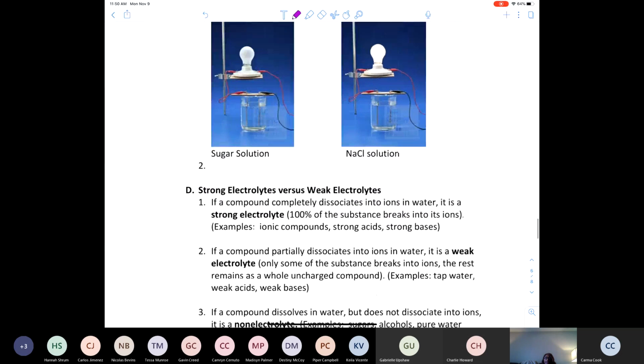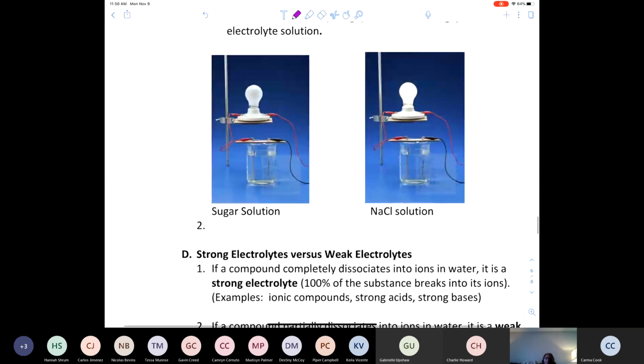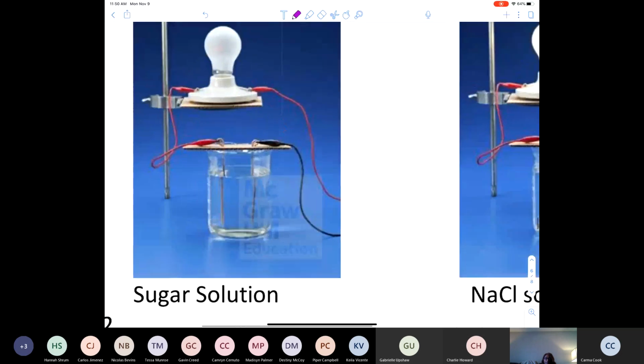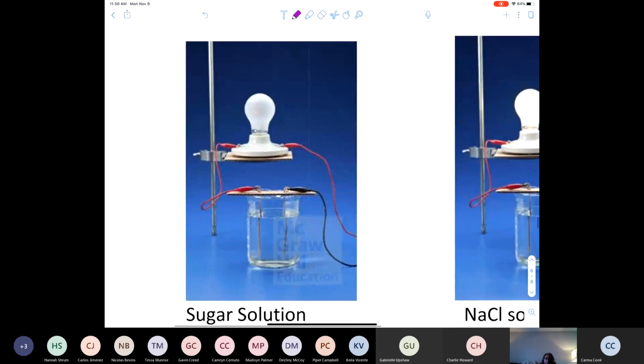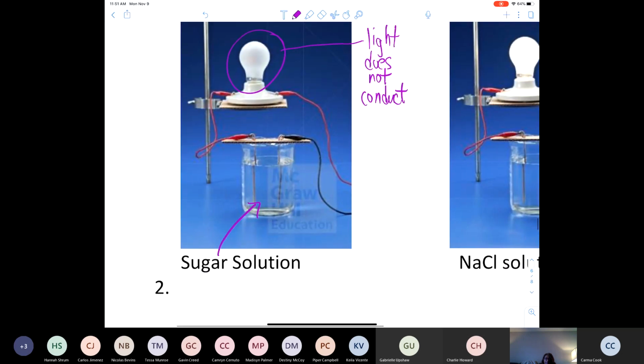Like this picture demonstrates, if you place these electrodes in a sugar solution, the light bulb does not come on because the sugar solution is unable to conduct an electrical current because it's a non-electrolyte. And therefore the light does not come on.